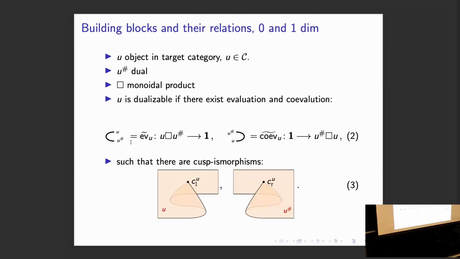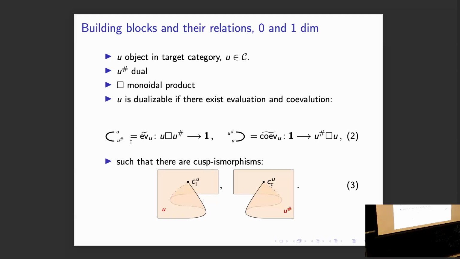So U has to be an object in the target category, and we imagine that we associate it to a point. Then we need that this object in the target category has a dual object so that we can talk about evaluation and co-evaluation and so on. And we also need a monoidal structure in that target category. And then U is dualizable if there exist evaluation and co-evaluation like this.